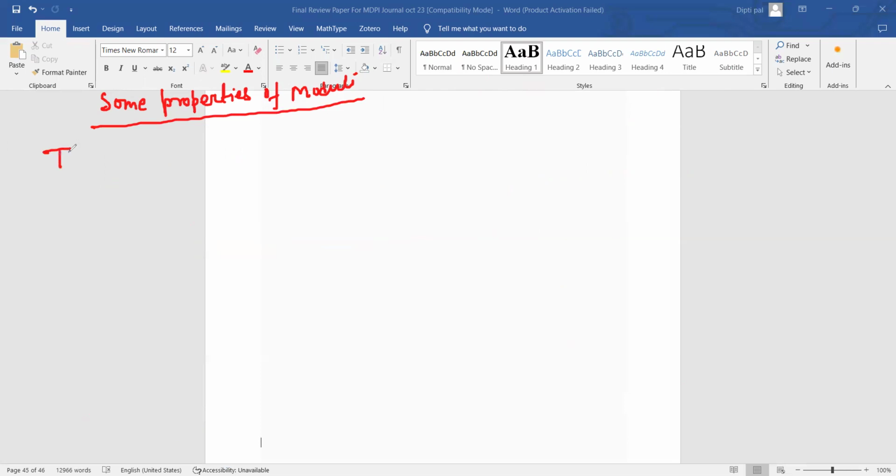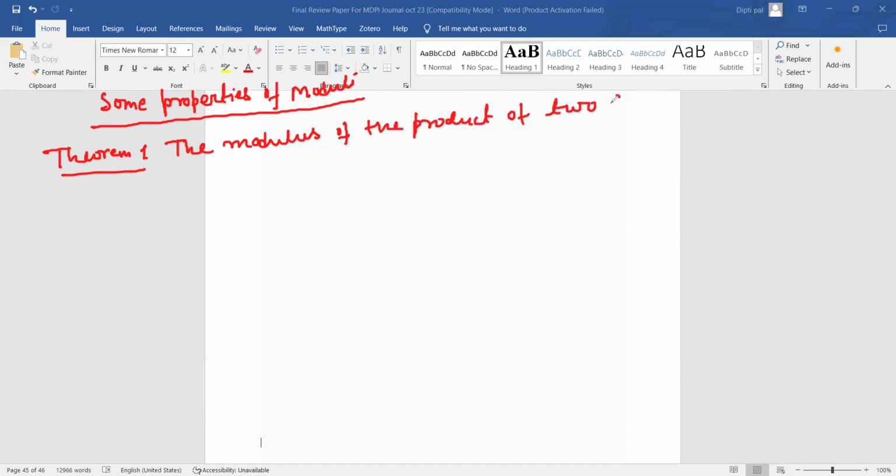So there is a theorem: the modulus of the product of two complex numbers is the product of their moduli.